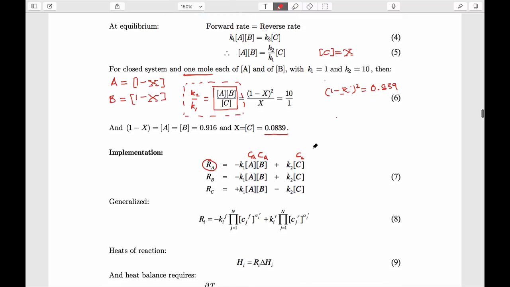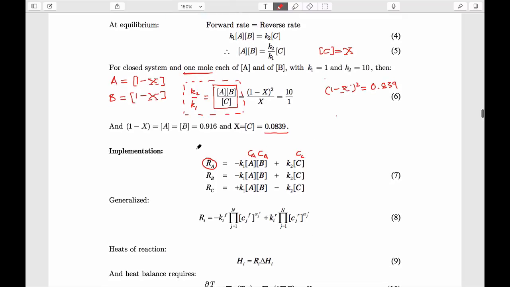And so we have a relationship which represents the behavior for the sink or source that goes into the first equation, which is here. And we'd have a sink or source that counteracts with that goes into the third equation. And the second equation doesn't exist because A and B are the same as each other.